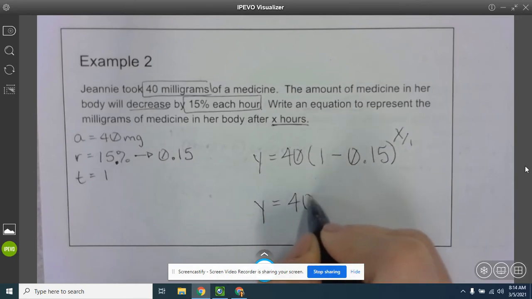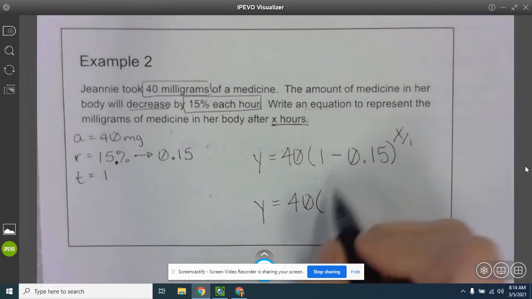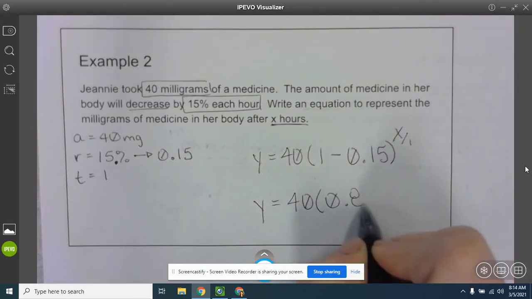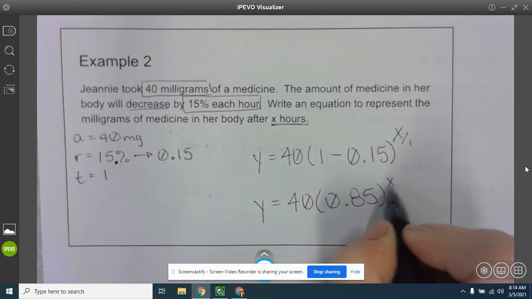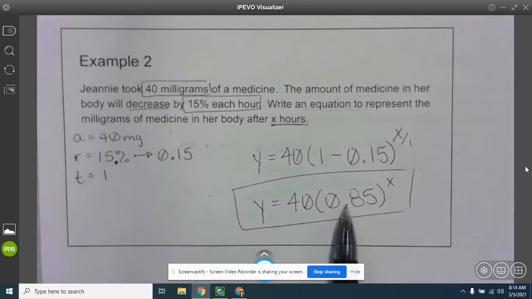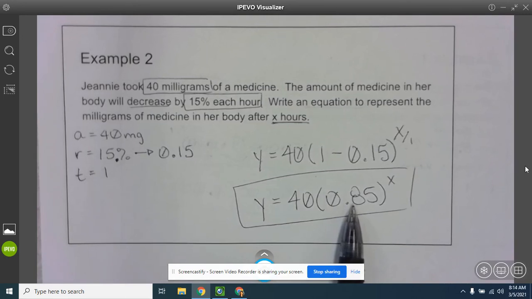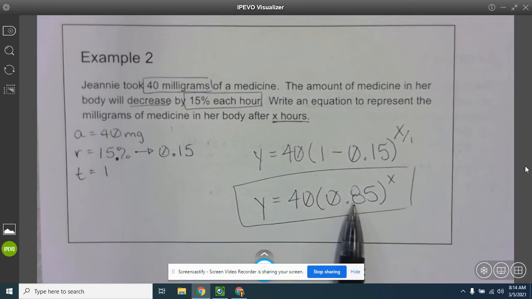Now, if I actually do that subtraction, this would be 40 times 0.85 to the power of x. Again, this number is smaller than 1. I know if my ratio is smaller than 1, it will cause my output values to go down.